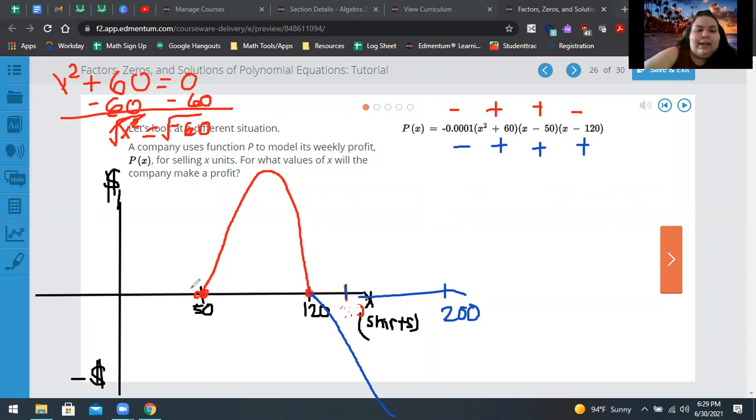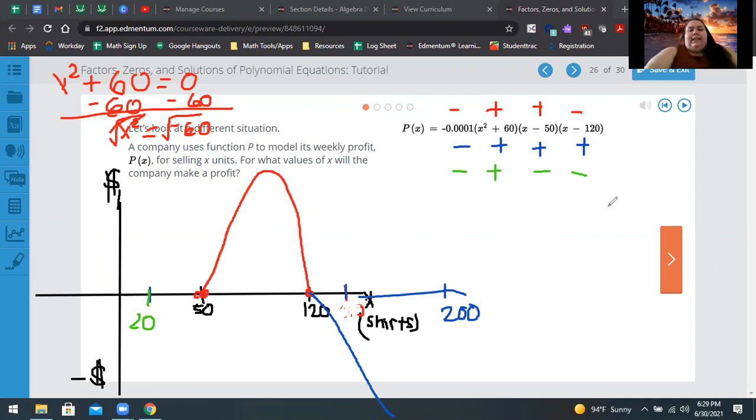And if I try anything less than 50, let's just say 20, let me do a different color because I'm doing that sign change. So right here we have 20. This is negative. 20 squared plus 60 is also positive. 20 minus 50 is negative. 20 minus 120 is negative.